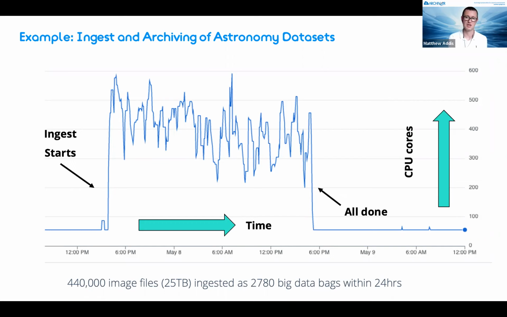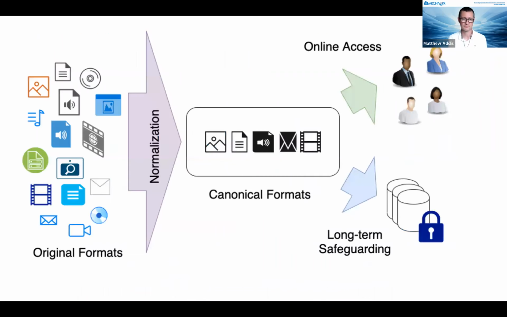And that includes copying data into the archive, checksum generation, file format identification, metadata indexing, replication to make multiple copies, and fixity checking that that long-term storage was successful. Then when it's all done, system scales back down. And that in turn reduces resource consumption and reduces costs.